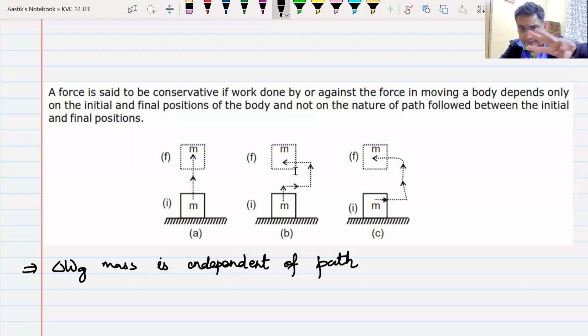Remember, we are covering 3 chapters here. Whenever we are covering electrostatics, we are also covering the chapter of gravitation. Here we are also covering the chapter of work, power, and energy together, because now work and force is going to come. So we are doing 3 chapters simultaneously. Have you noted this down?